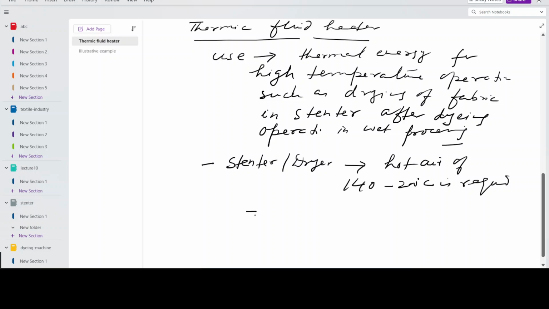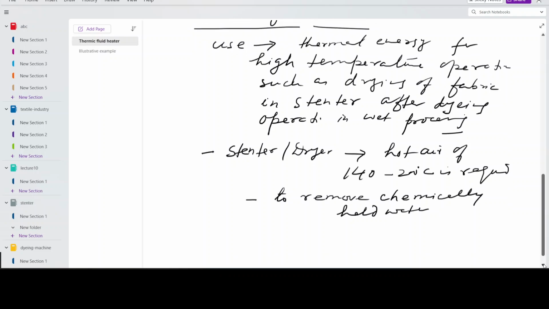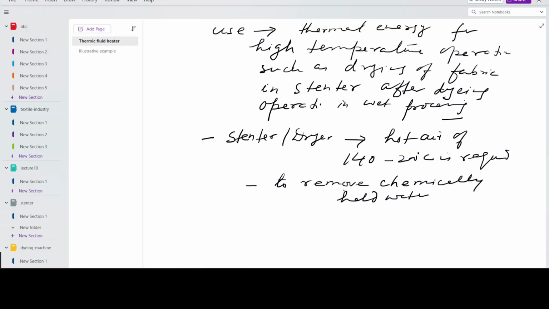This may be for the purpose to remove chemically held water from the textiles by evaporation or physically or chemically set the textile material.